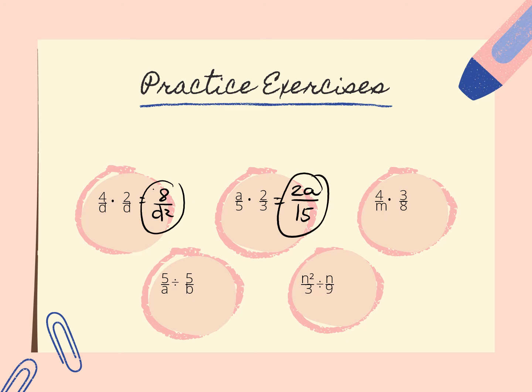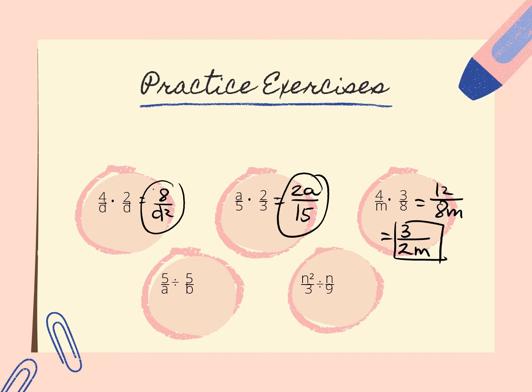No common factor, so that is the final answer. So next, 4 times 3 is 12 over 8 times m is 8m. But 12 and 8 have a common factor, which is 4. So we can reduce this to 3 over 2m. That will be the final answer.